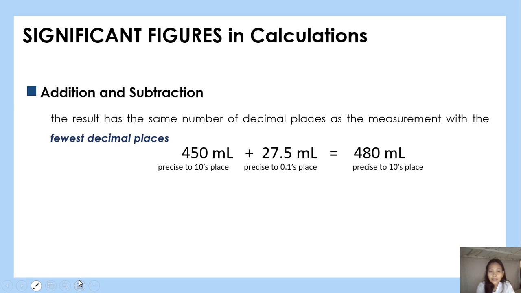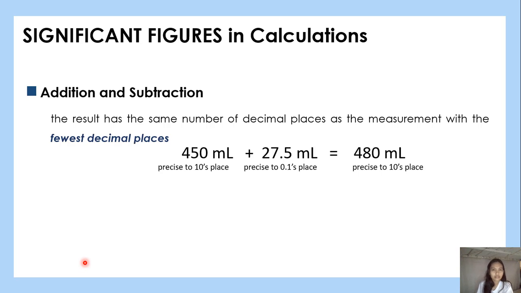For example, we have here 450 ml, which is precise to the tens place, and 27.5 ml, which is in the 0.1 place. So 450 ml is not in decimal form, meaning it has 0 decimal places. So the result should be precise to the tens place also. That means 480 ml.